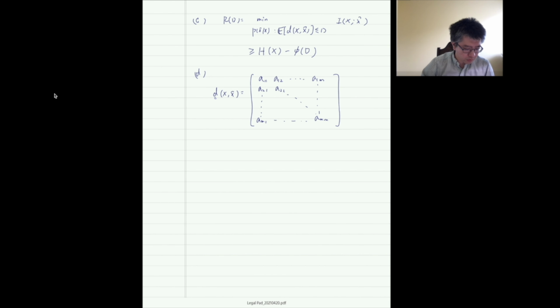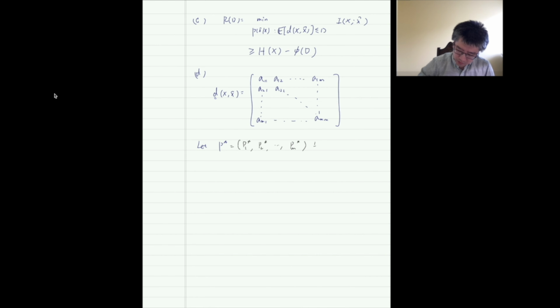Here, what we're going to assume is that P star is the probability distribution that achieves phi D. Let's assume this equals P1 star, P2 star, up to Pm star.